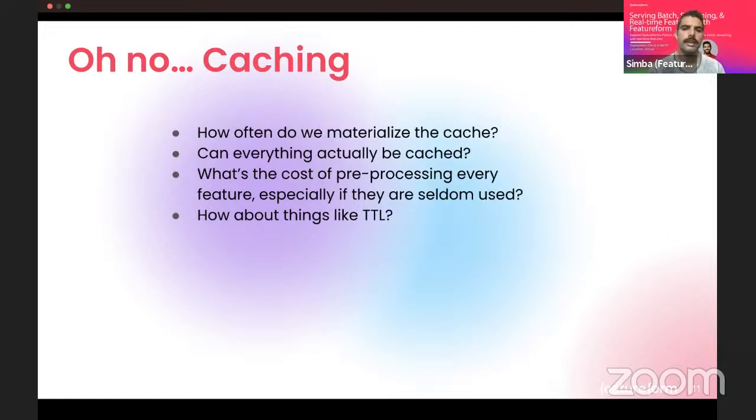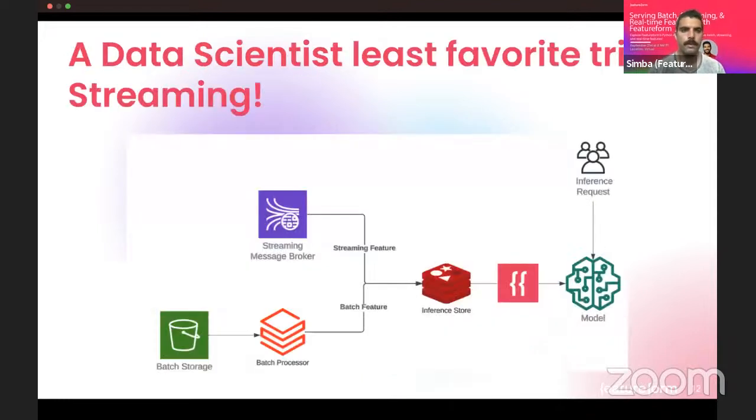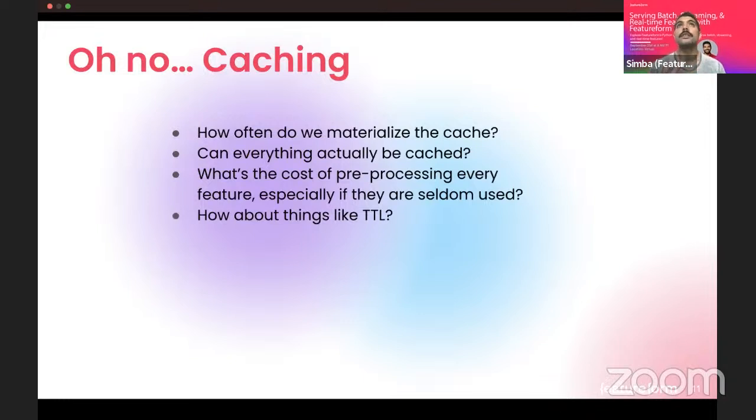So I want to really highlight: how often do we materialize the cache? Some features don't change that often. For example, the average price that a user spends on items in the last year.